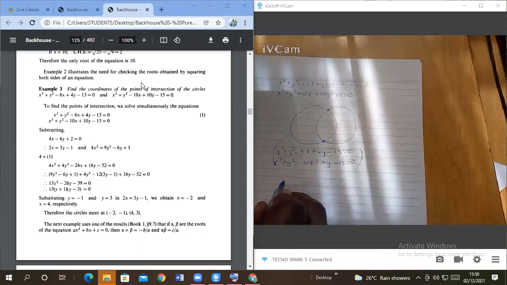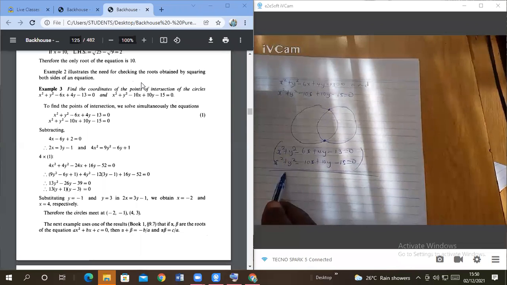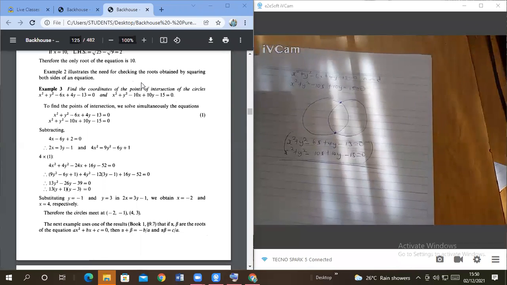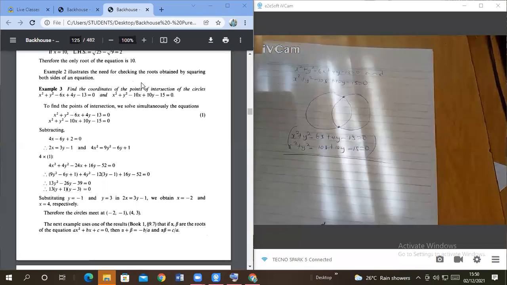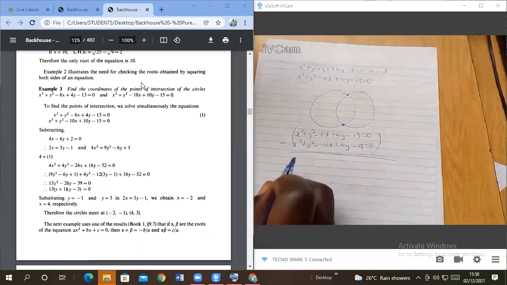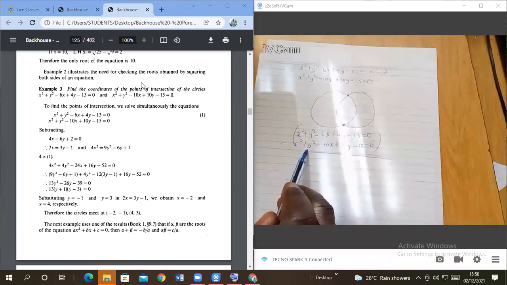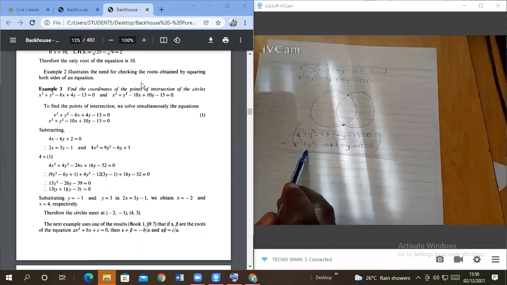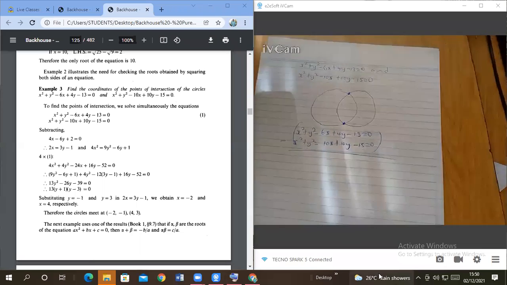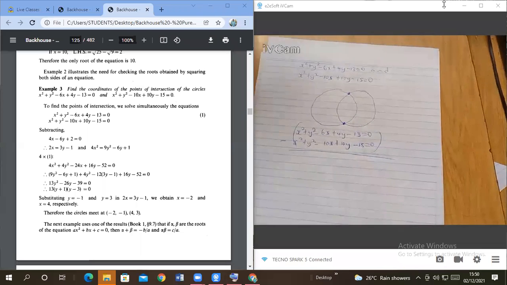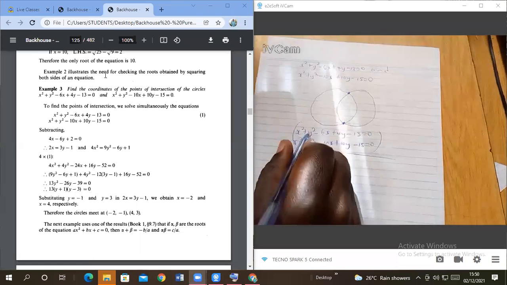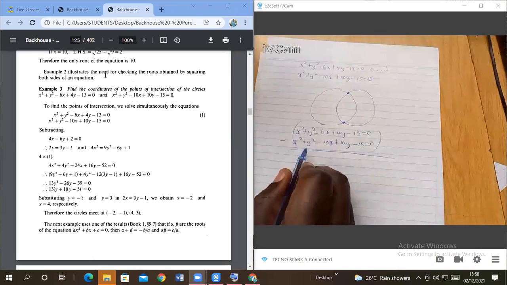So we can actually eliminate x squared and y squared by subtracting these two. Do you see that x squared and y squared would go if I subtracted this? Yes, teacher.